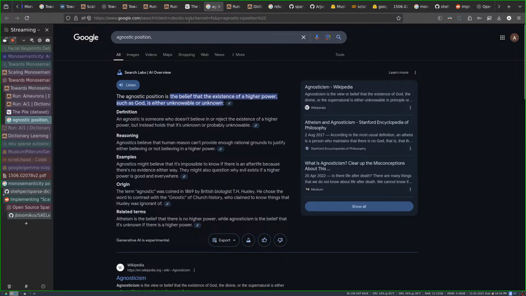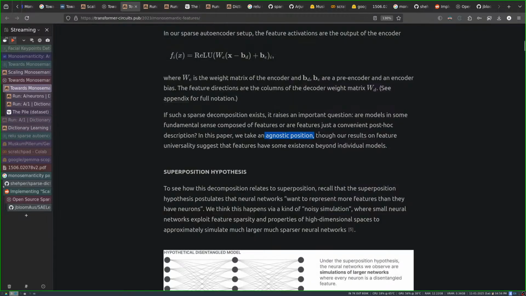So we think that the answer to this question is unknowable or unknown. The other results of the features universally suggest that the features have existence beyond individual models. True. That would be helpful for us.